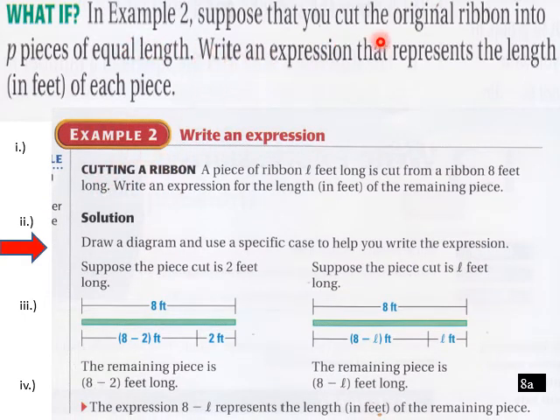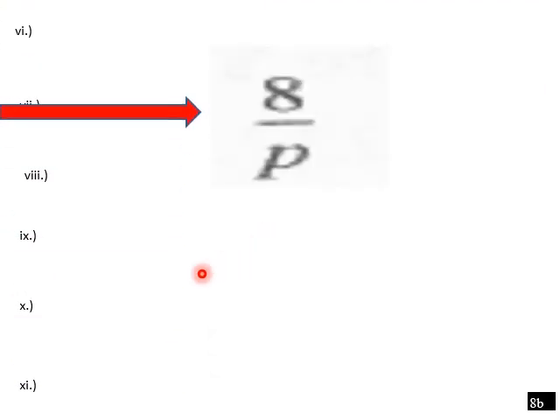In example 2, suppose that you cut the original ribbon into P pieces of equal length. Here was the original, 8 feet. So write an expression that represents the length in feet of each piece. How would we represent that? A ribbon of 8 feet, it'd be 8 over P, would it not?